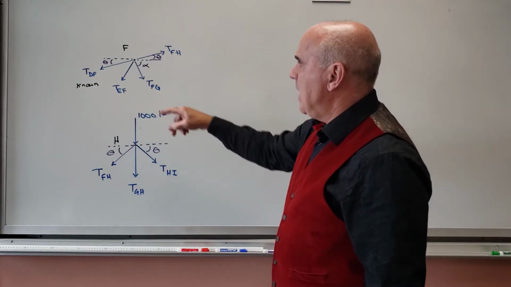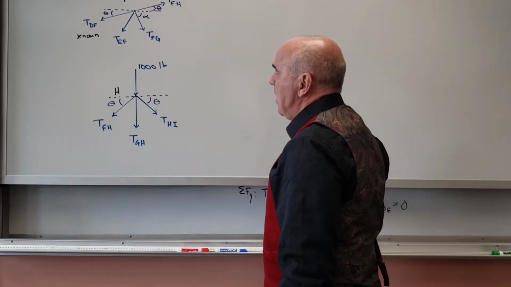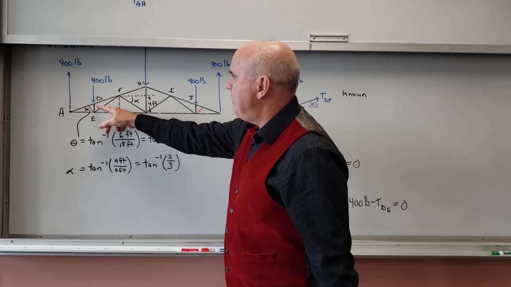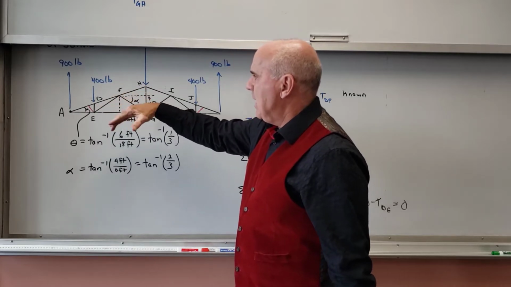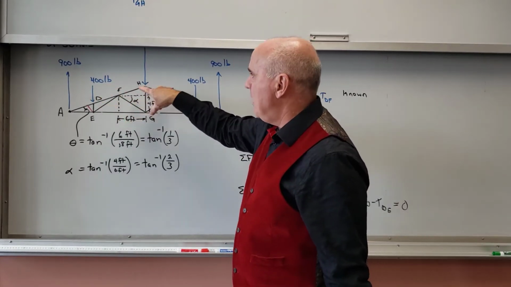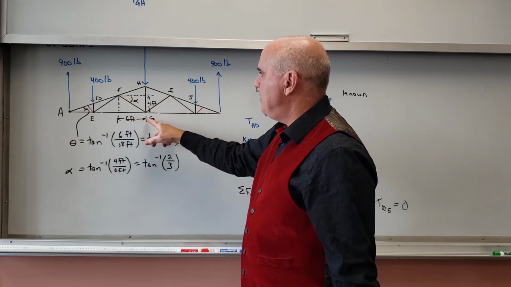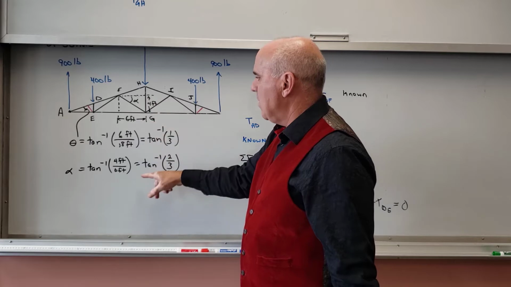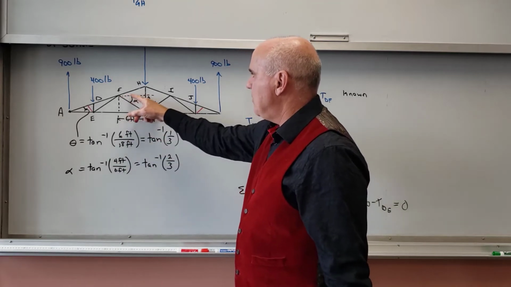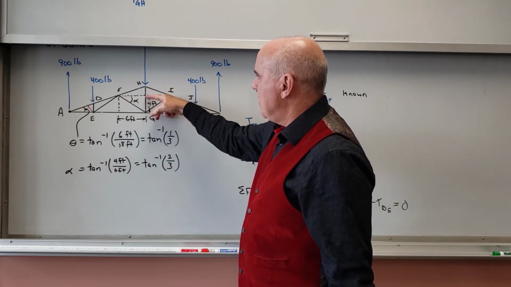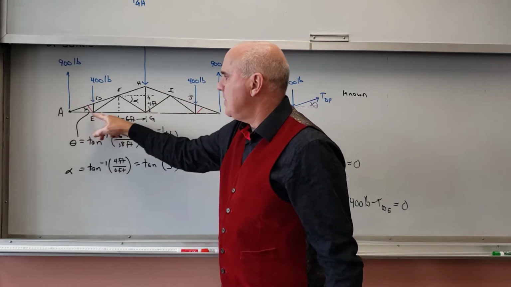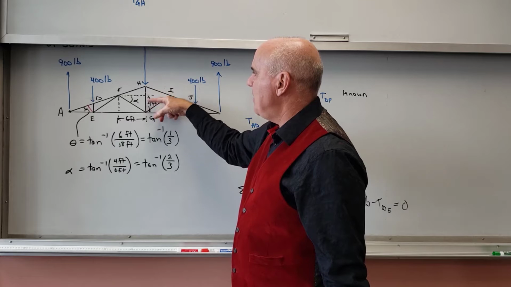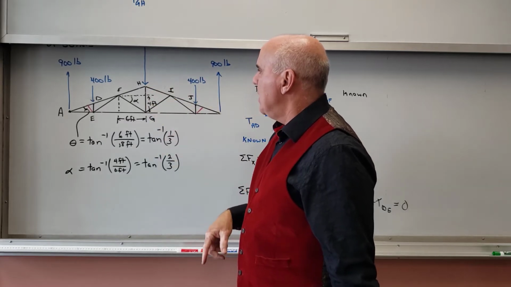All right, so when I look at F, a couple of things to keep an eye on. TFH and TFD, or TDF, they point at an angle theta below the horizontal or above the horizontal. And then TFG, I've labeled this angle alpha. TFG is below the horizontal. And alpha, if I extend this horizontal over, this is going to be 4 feet. I know that because this is 6 feet, 6 feet, 6 feet, so this will be 1/3 of the way up, and it's 6 feet from the bottom to the top.